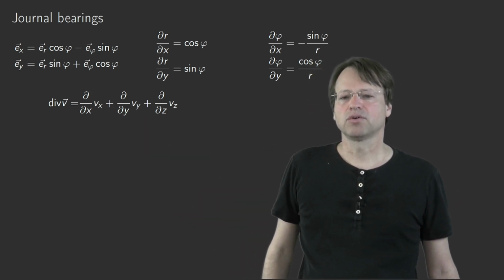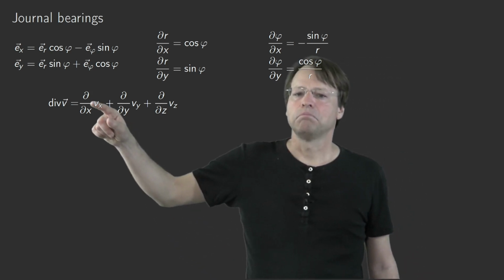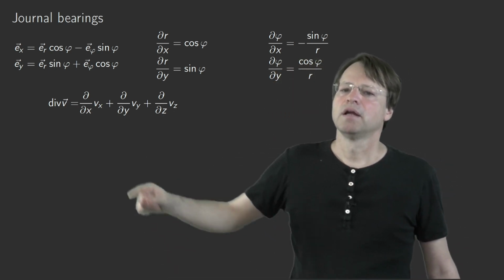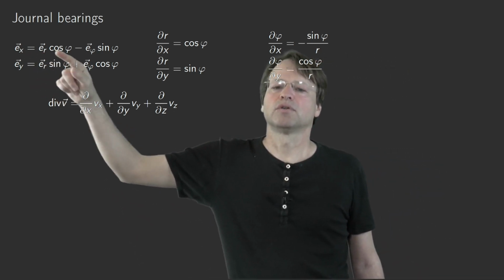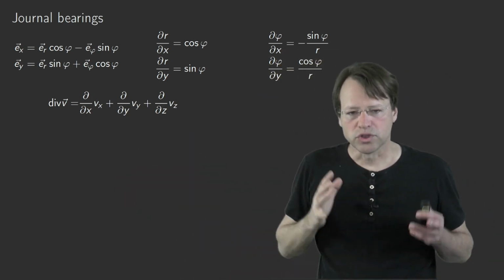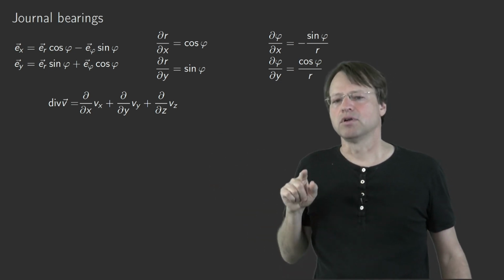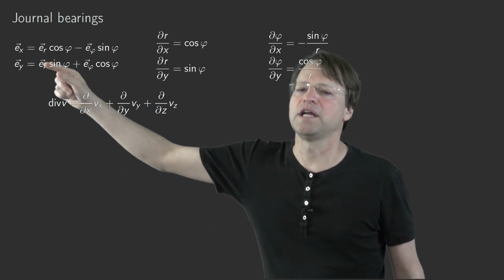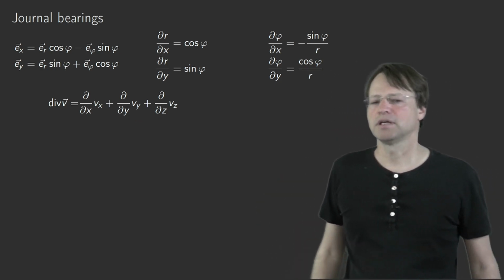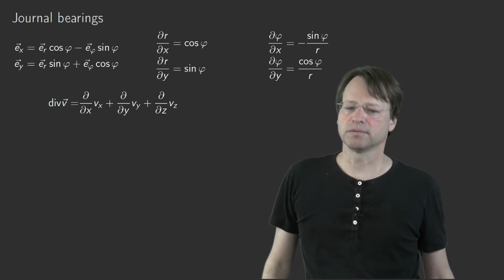These Cartesian vector components are obtained by multiplying the velocity vector v by a scalar product with the appropriate base vectors. I could call this also projecting the velocity vector on the base vector, and this projection is done by the dot product with the appropriate base vector.